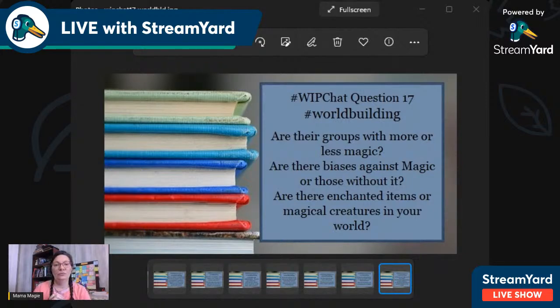Now, I've read a lot of stories where either possessing magic puts a target on you, or not possessing magic puts a target on you. Enchanted items exist in many, many stories. In Harry Potter, there's tons of enchanted items. In Lord of the Rings, there are tons of enchanted items. In the Chronicles of Narnia, there were a few enchanted items, but it was more about the enchanted creatures.